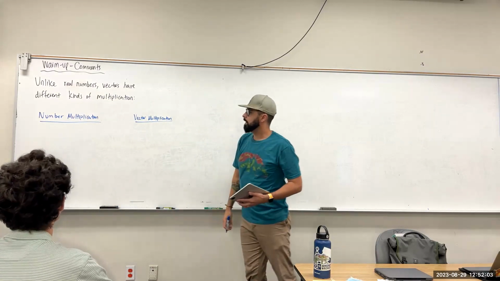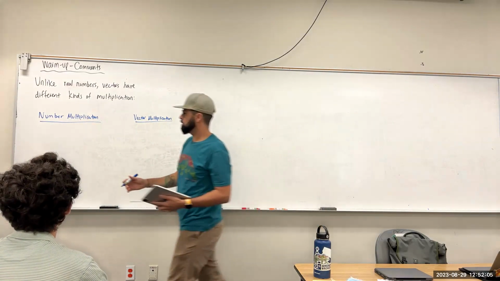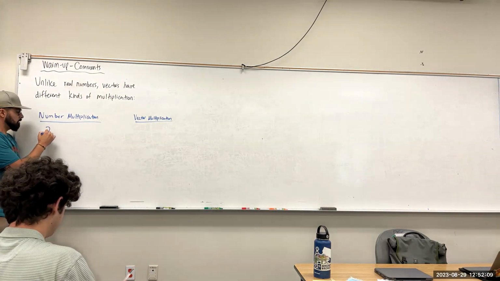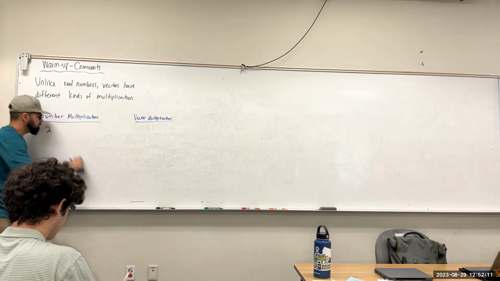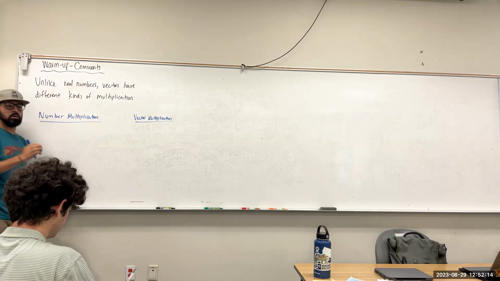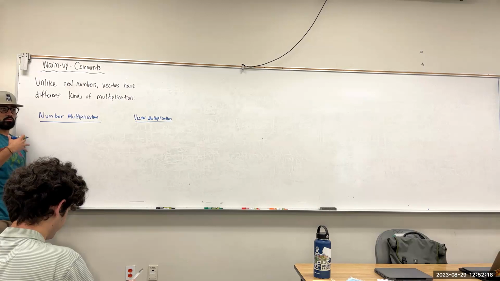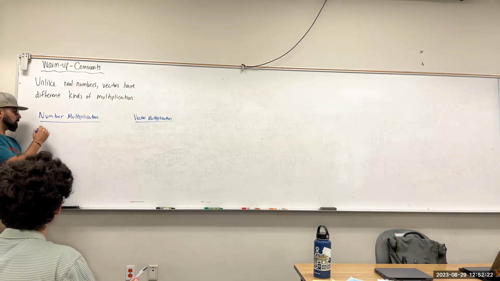So let's say we have two numbers, 2 and 3. If I wanted to multiply 2 and 3, what are different ways? What different notation can you use to portray 2 times 3? The little cross X, right?